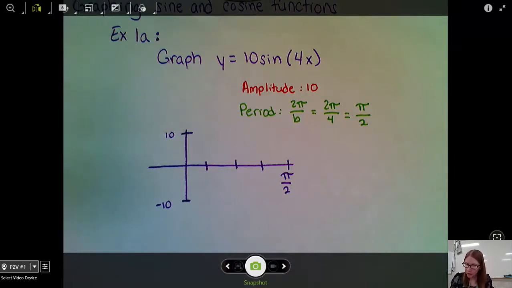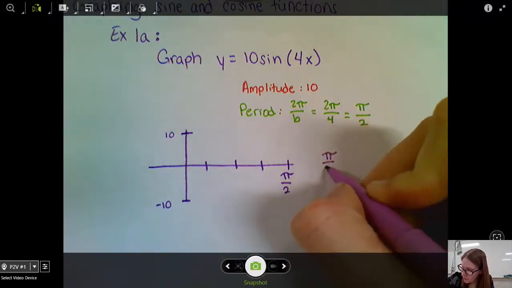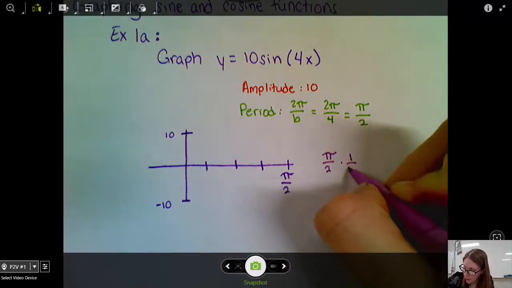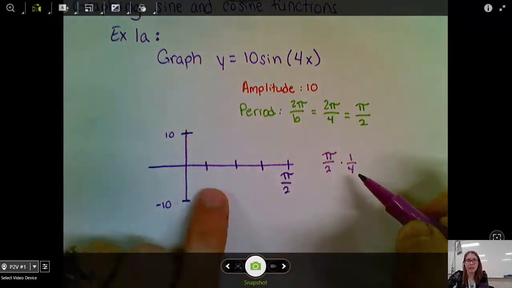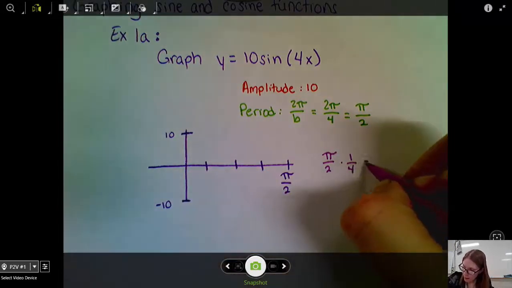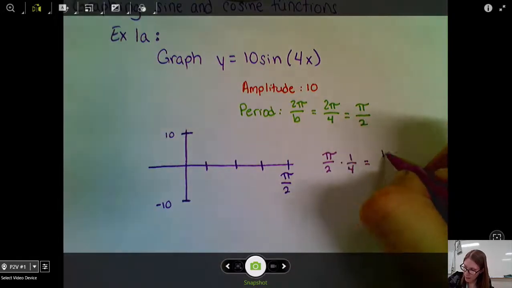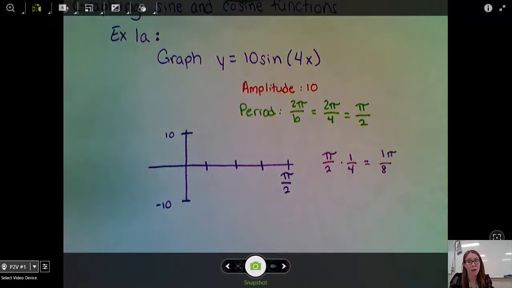The easiest way to figure out what those labels are going to be is to take your period times a fourth. Because again, each of these is a fourth of the period. And if we do that, 1 pi over 8, that's going to tell us how to label our x-axis.